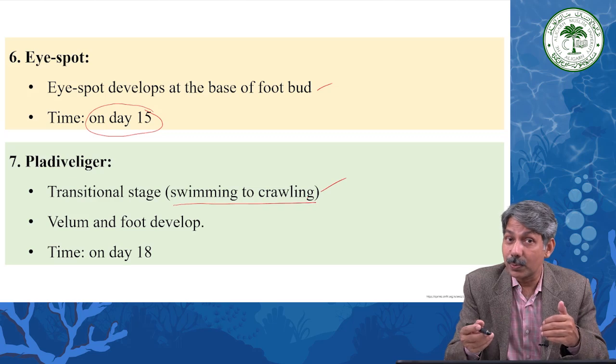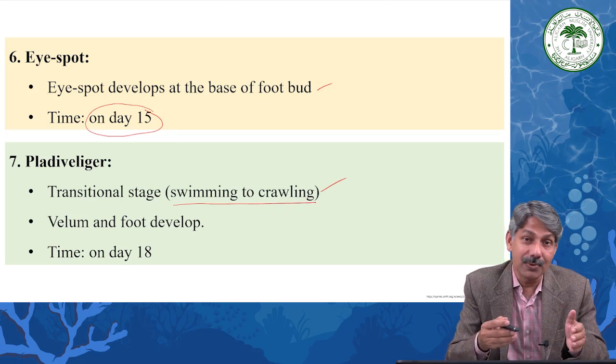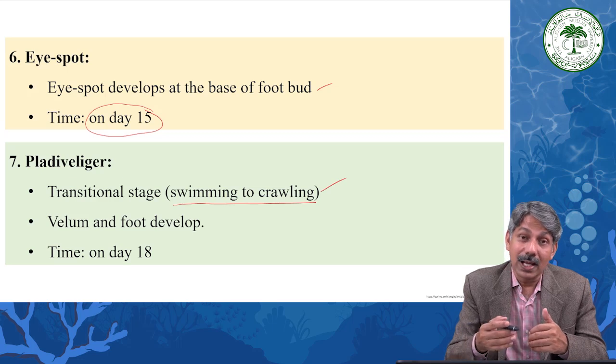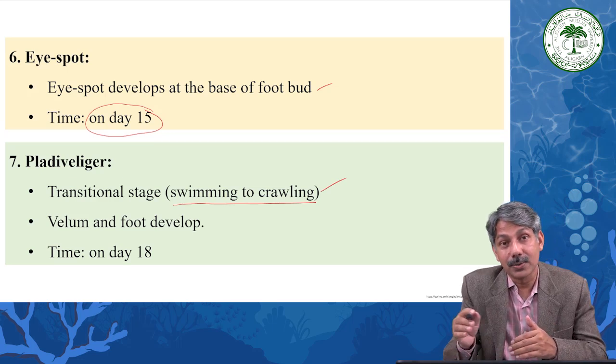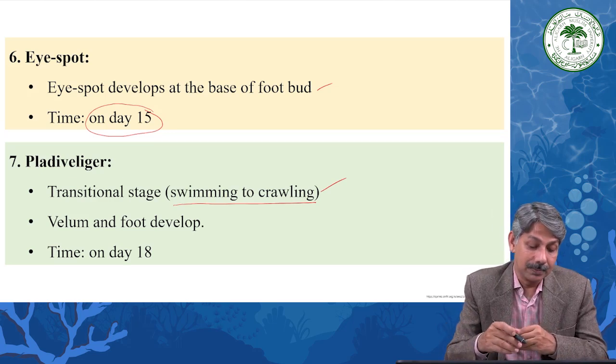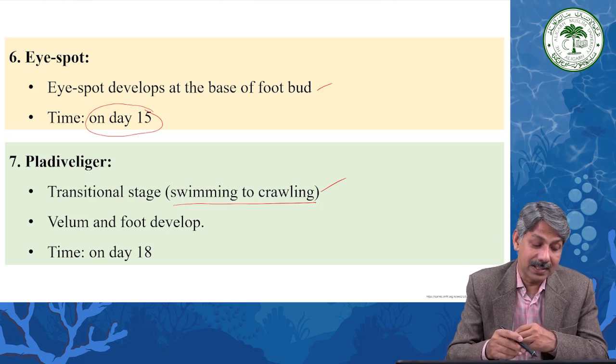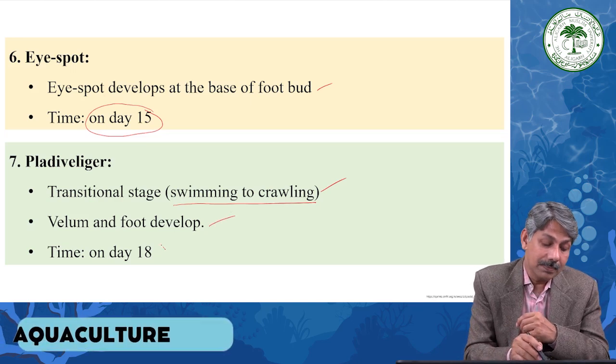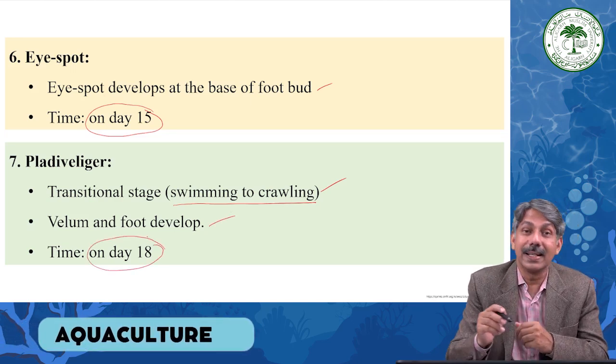Earlier it was a swimming stage, but cilia, flagella, everything was lost and the shell developed. So, from swimming, they have shifted to crawling movement. In the platyveliger stage, velum and foot develop, on day 18.